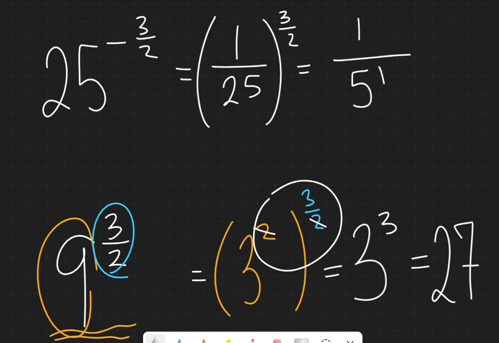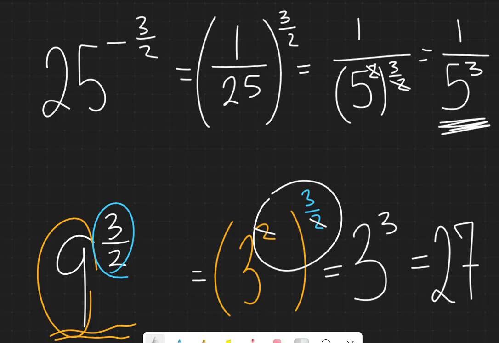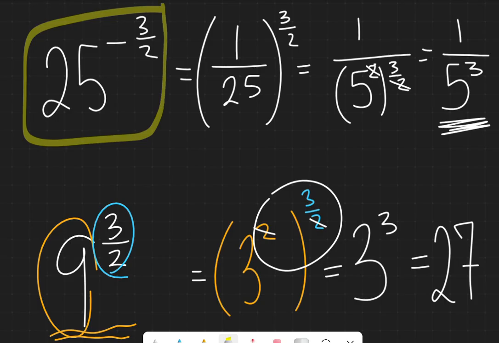We know that 25 can be written as 5 to the power of 2, and then don't forget to the power of 3 over 2. Again, we remember that 2 and 2 can be cancelled, so it's 1 over 5 to the power of 3. 25 to the power of negative 3 over 2 is equal to 1 over 5 to the power of 3.